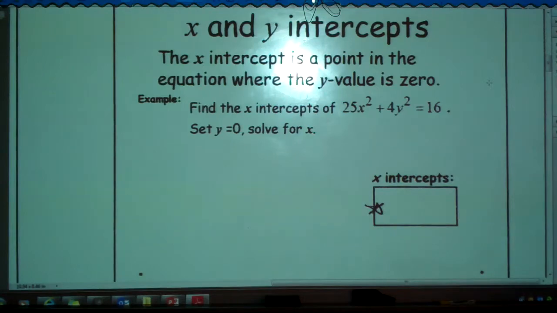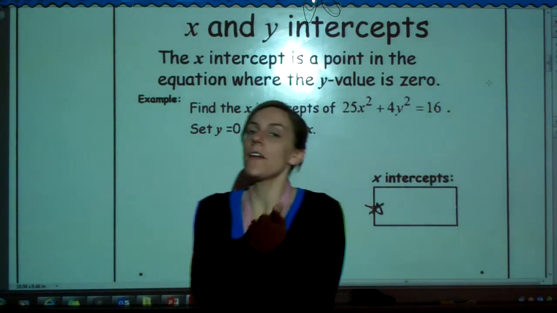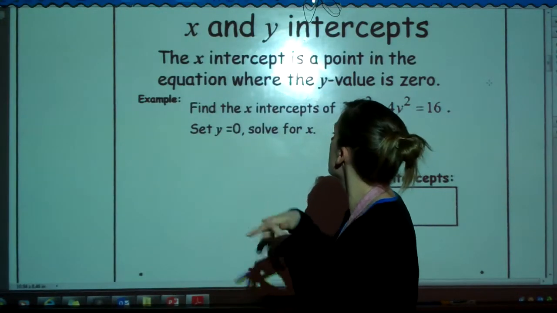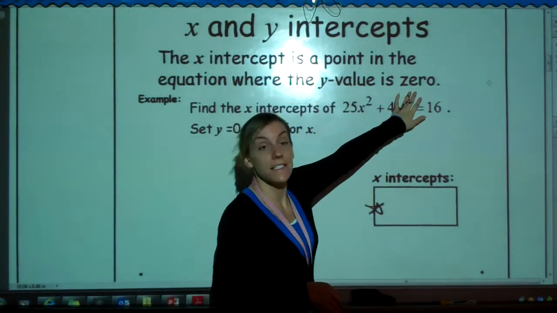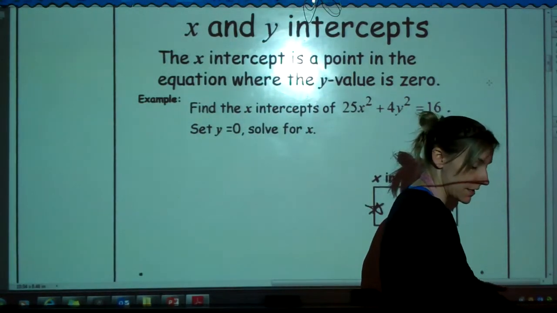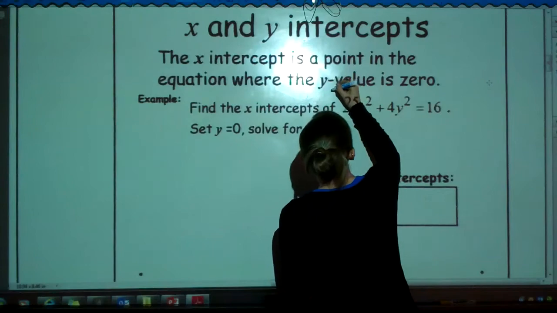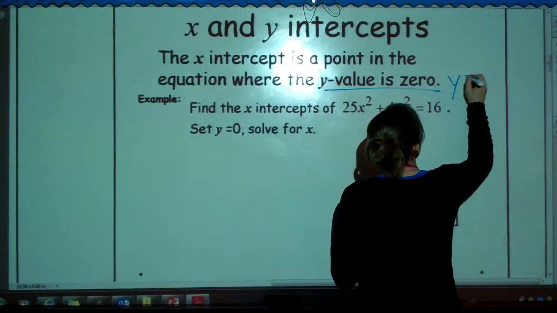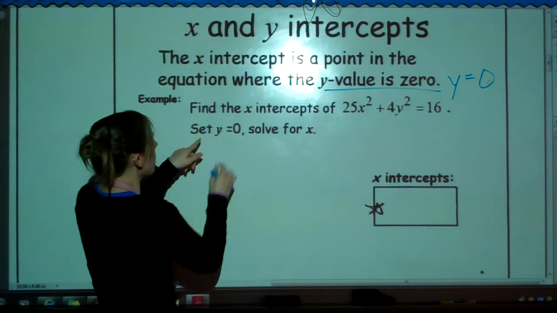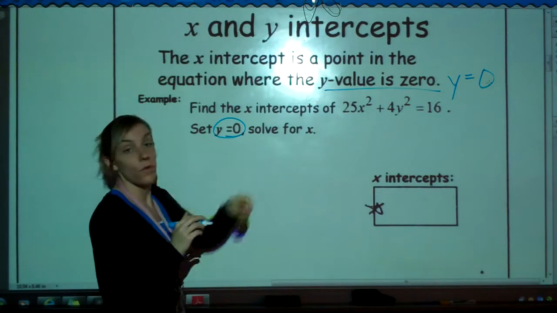The next slide goes through and helps us understand how to find intercepts if you don't have a graph. So it says the x-intercept is a point in the equation where the y value is 0. So that means y equals 0. So to find the x-intercepts, we put in 0 for y.